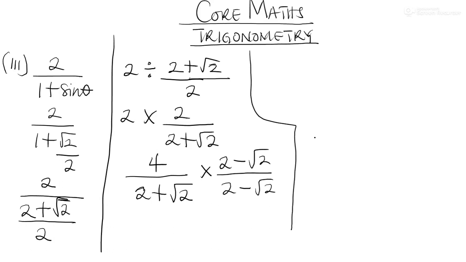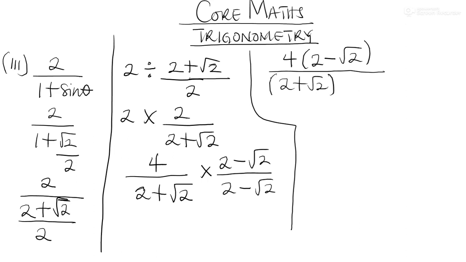Okay, so when you expand, we are going to get 4 into bracket 2 minus root 2, all over 2 plus root 2 in one bracket, 2 minus root 2 in another bracket. Good. Now looking at the denominator, it has the form of difference of two squares.